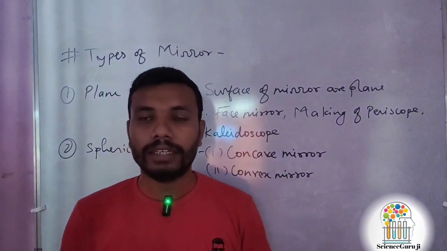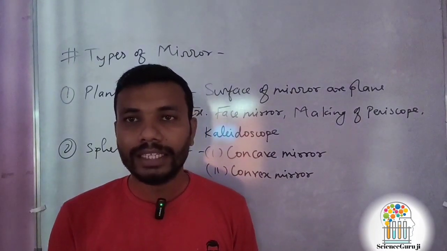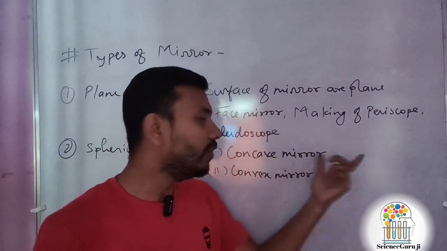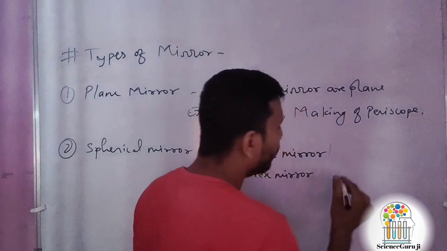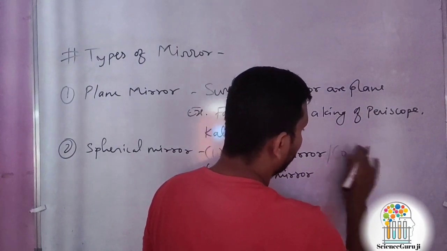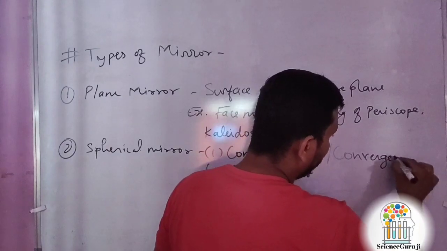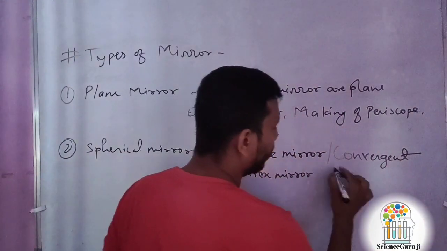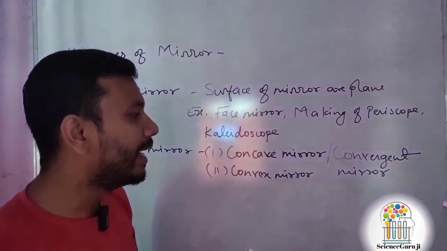A spherical mirror whose reflecting surface is curved inwards is known as a concave mirror, and this is also known as a convergent mirror because it converges the light beam.